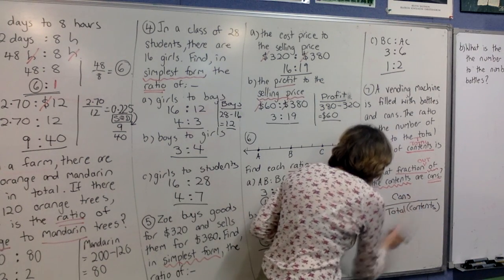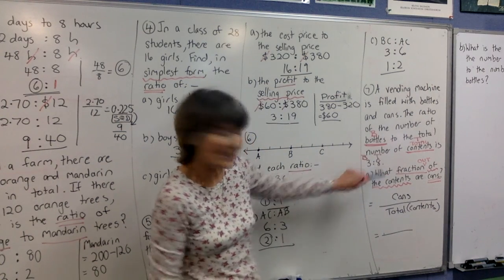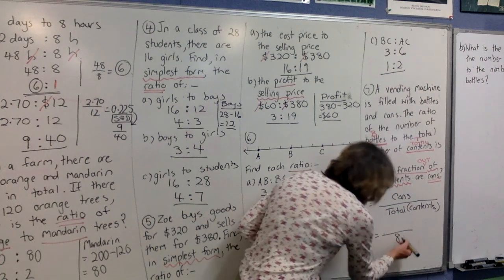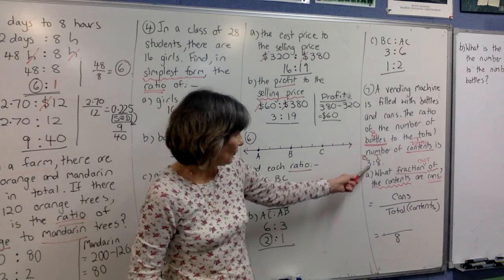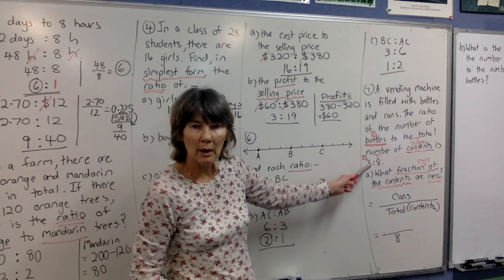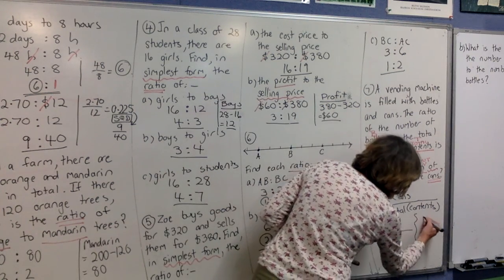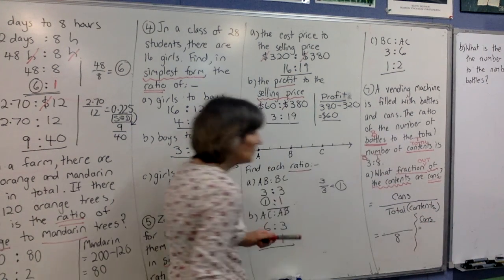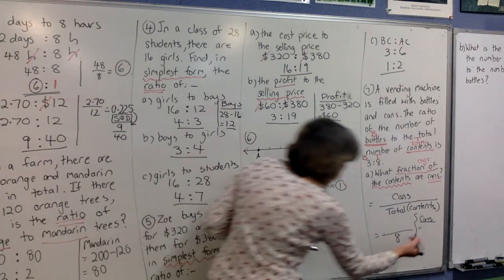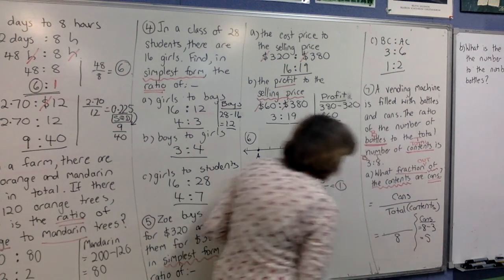All right, so let's see if we can get our numbers. The total contents is 8. Our cans, all right. So, if there's 3 bottles, how many cans? Have a think over here. To get cans, what are we going to do? We're going to get 8, which is the total, take away the bottles, and you've got 5 for cans.